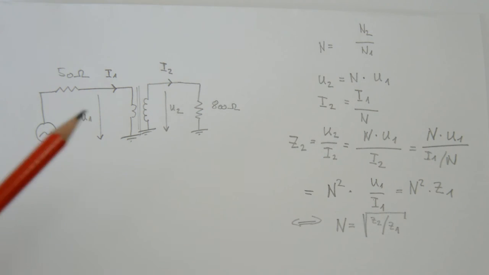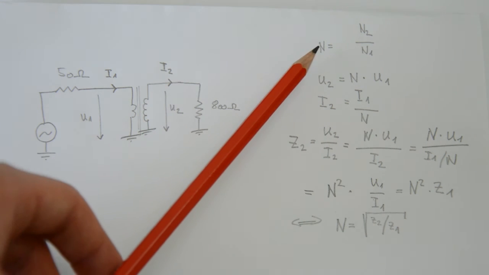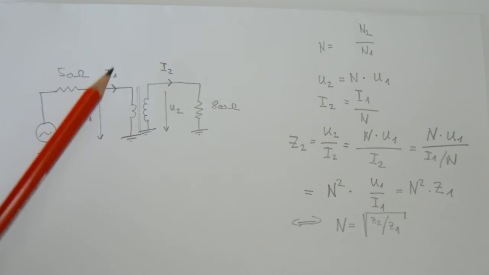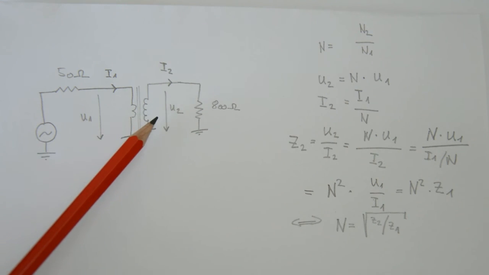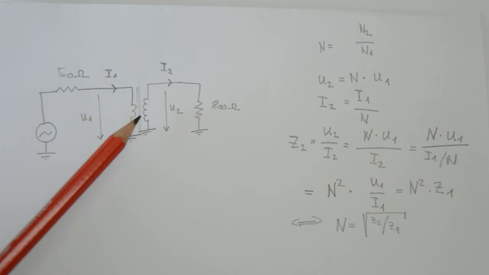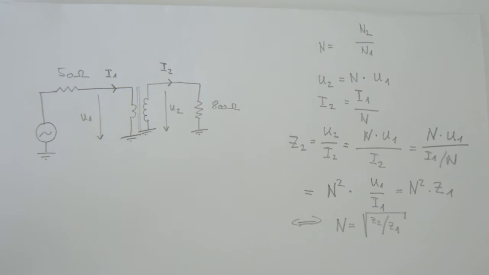So how does this work? There is a transformer here, and I'm going to denote the ratio between the secondary number of turns on that side and the primary number of turns here as n. So that's just n2 divided by n1. If you have 10 turns on that side and 2 turns on that side, n equals 5.